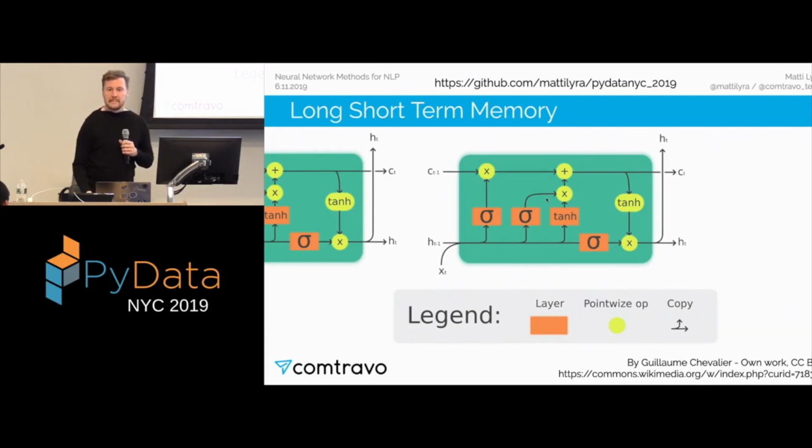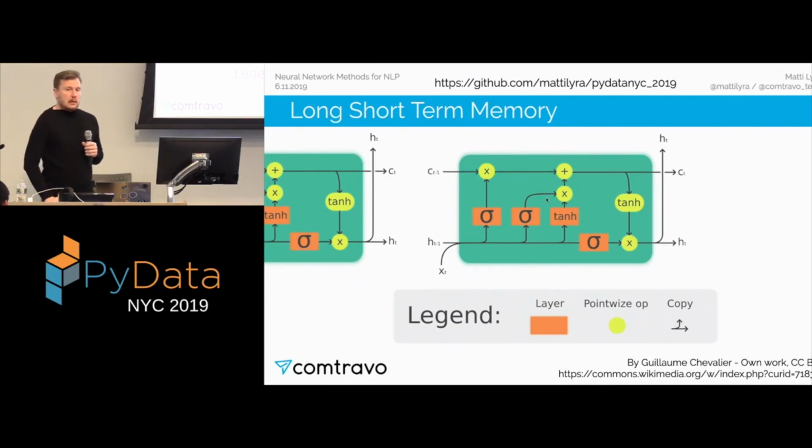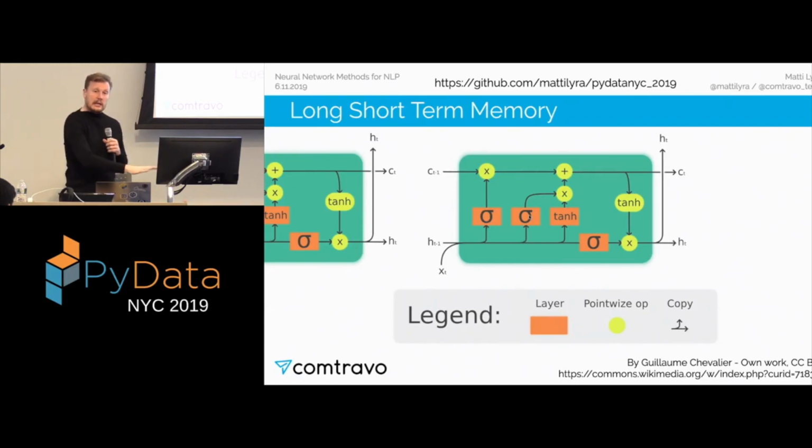Yes? Why are two different activation functions used? These sigmoid functions range between 0 and 1. You can think of it as a binary thing where they either completely forget something or completely keep something.